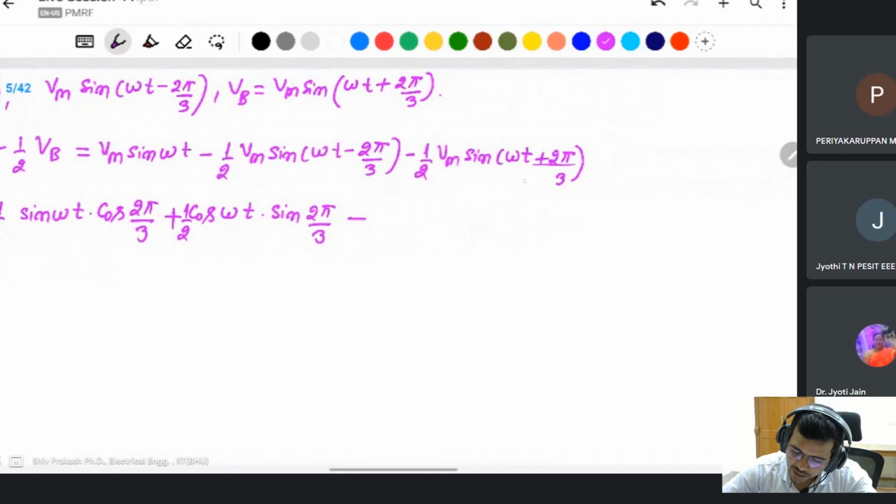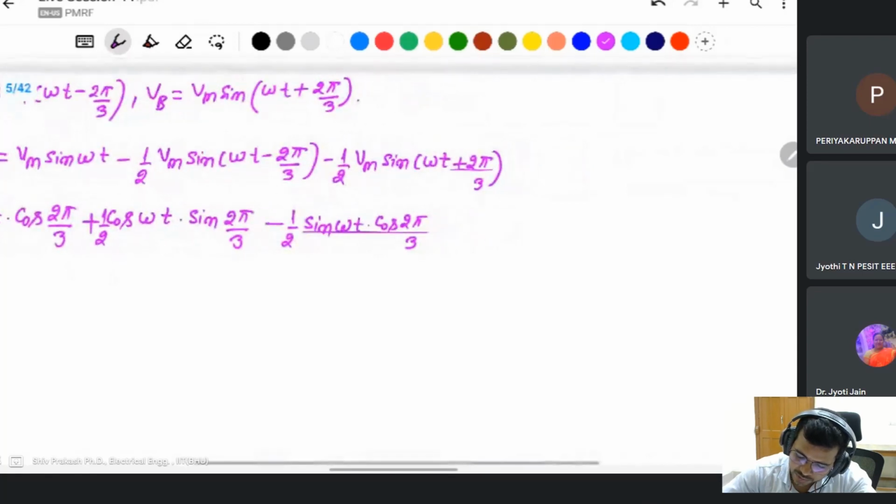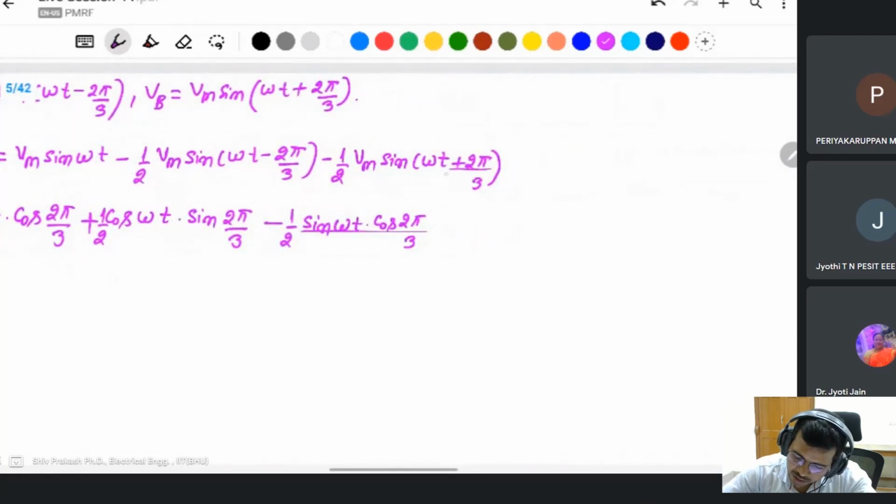For the other term, sin a plus b means sin a cos b plus cos a sin b, so sin omega t into cos 2 pi by 3. This is the plus expression, and this is the minus, and minus multiplied with the plus is minus cos omega t into sin 2 pi by 3.